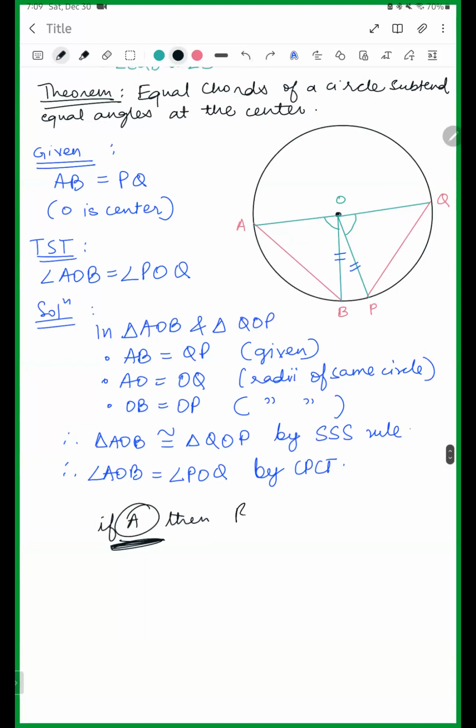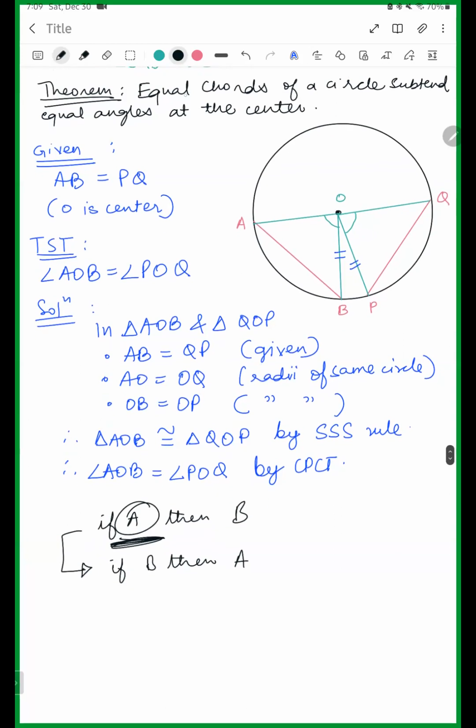If A then B, the converse of this statement is if B then A. In this theorem, if two chords are equal, then the angle subtended by them at the center will be equal. In the converse part, we say if the angle subtended by any two chords are equal, then these two chords will also happen to be equal.